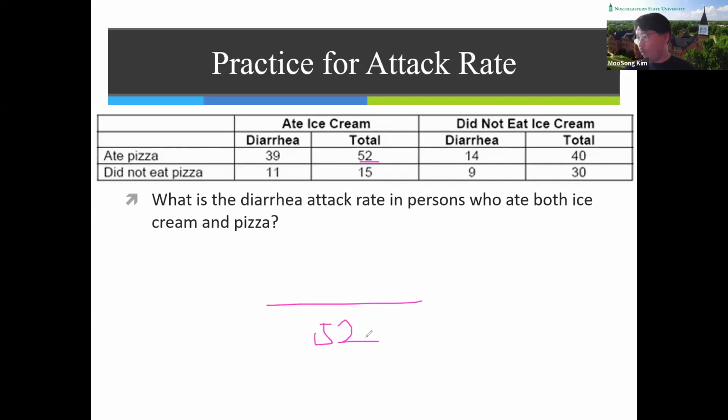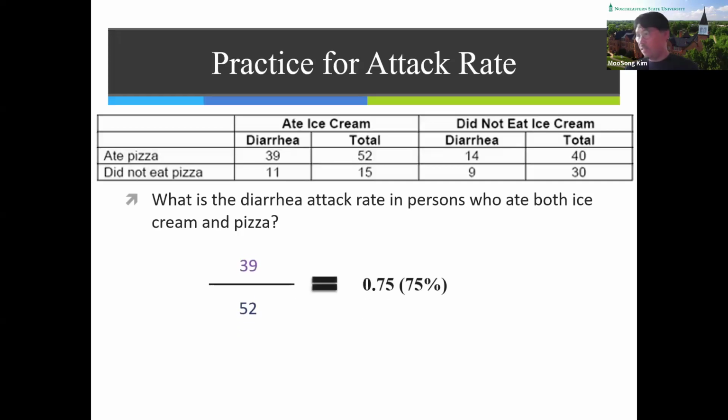And among those 52, 39 got sick, right? 39 over 52 times 100, so you got 75 percent, right? Easy peasy, right?